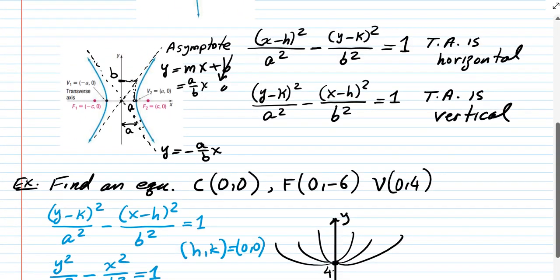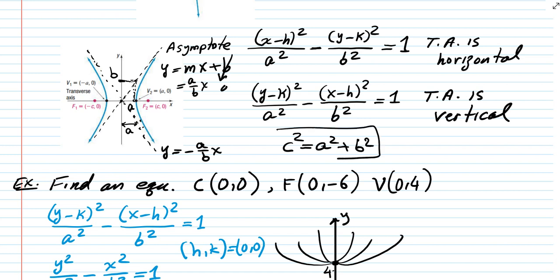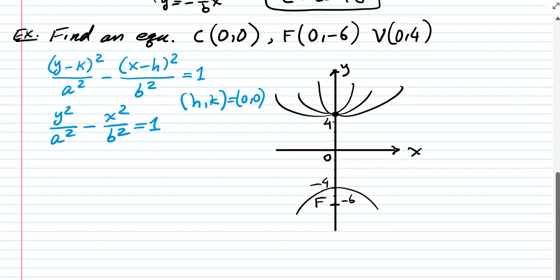Now, one thing, this is important that I forgot. The relationship between a, b, c here, we're going to need this. This time c squared is a squared plus b squared. Right? For the ellipse, remember, it was a squared minus b squared. For the hyperbola, it turns out to be a squared plus b squared. So I'm going to need that relationship here. I know c squared is a squared plus b squared.